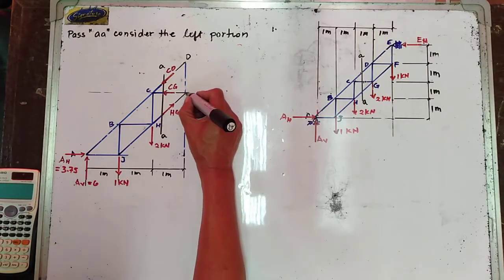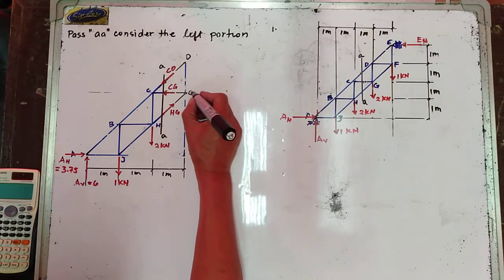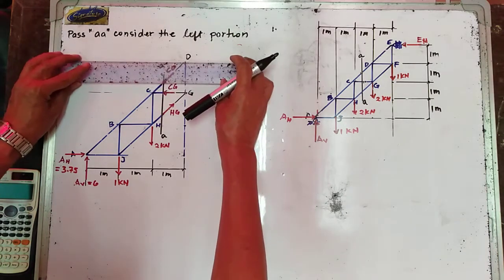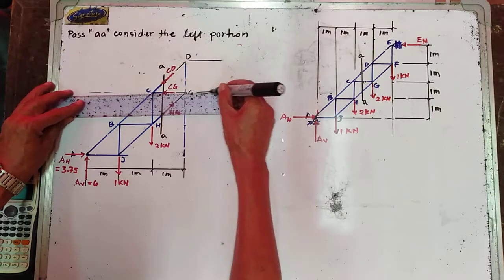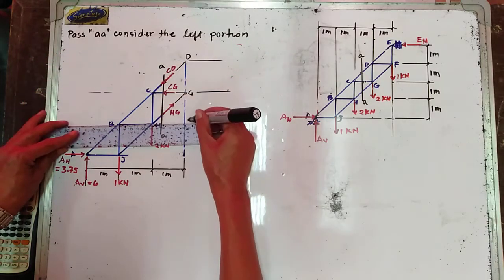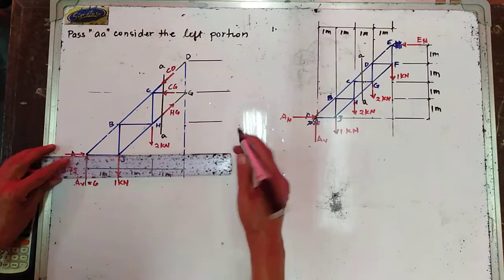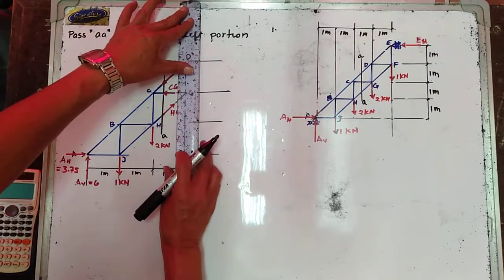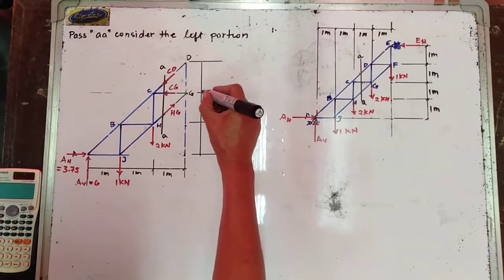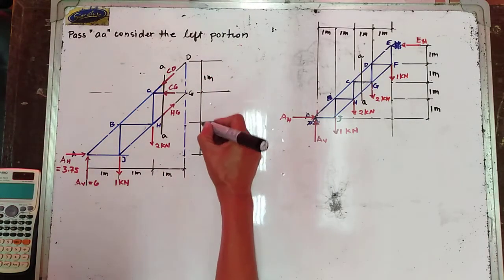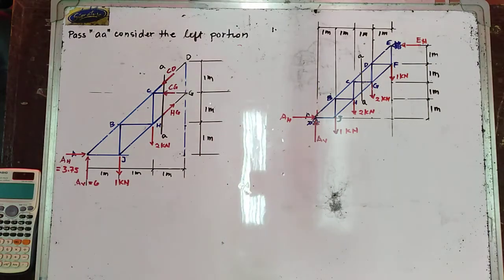So this is now your point G. Now, we have the distances: 1 meter, 1 meter, this is 1 meter, and this one is 1 meter.